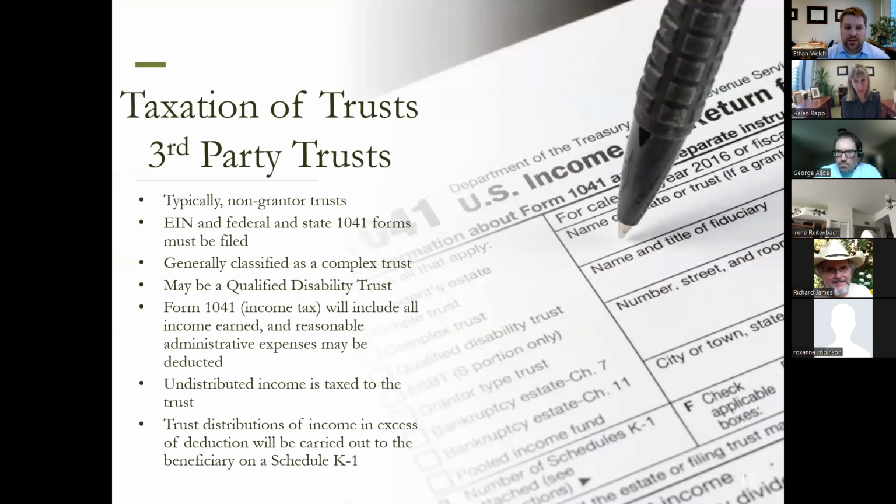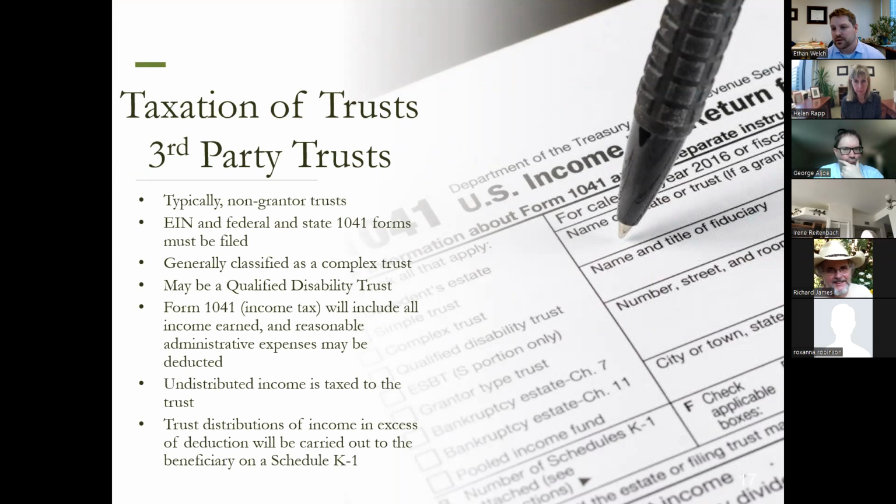So taxation in a third-party trust, these are typically non-grantor trusts. It's very similar to a first-party trust. It's the same distributable net income scenario. The undistributed income is taxed to the trust, meaning you could have to pay taxes with a third-party trust.